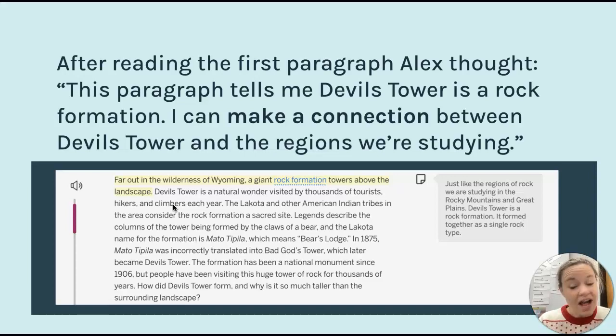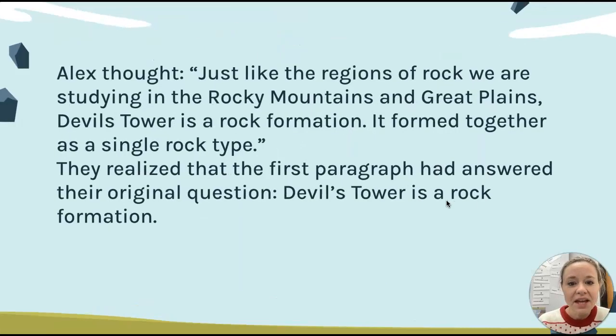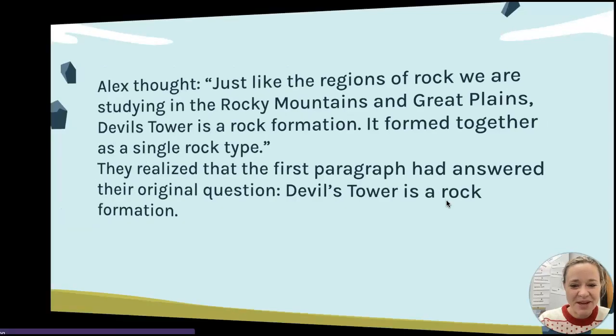It formed together as one single rock type. So that was our first claim, right? We said, hey, did these form together as one single rock type, or did something else happen? So this is the connection that Alex made to our previous learning. And then he realized that this was similar to the claims that we had made.